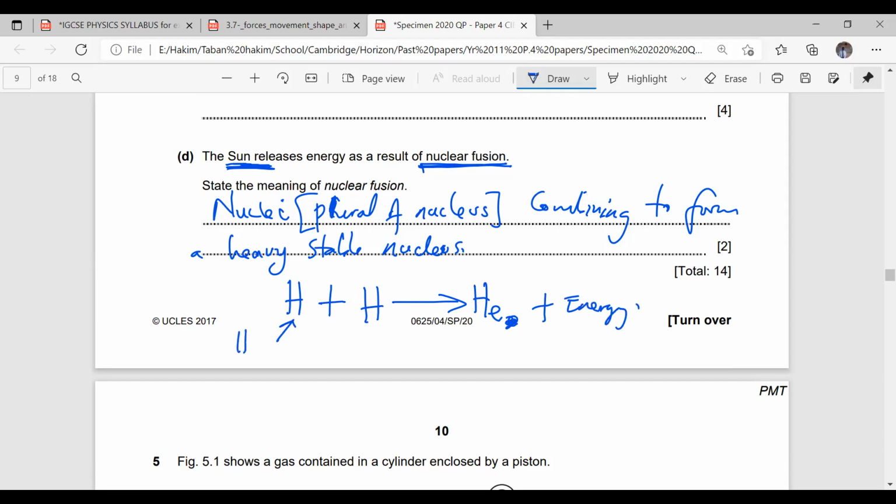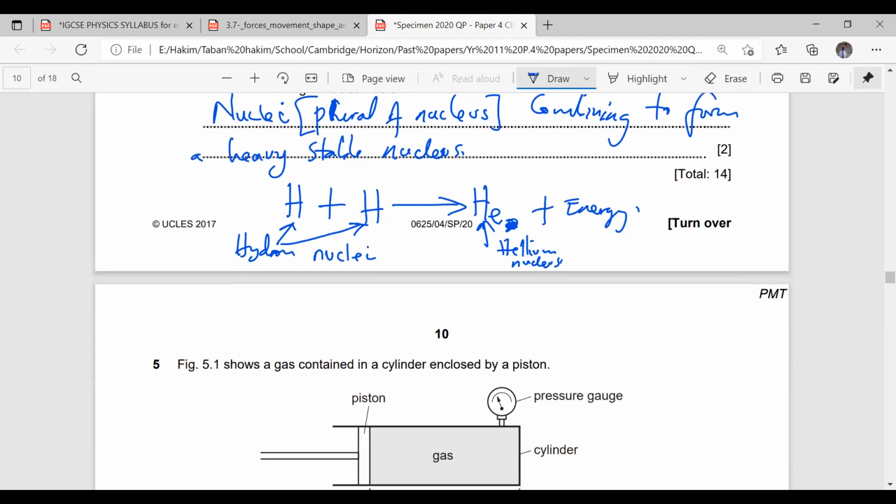This is a hydrogen nucleus, or let me just call them nuclei. I know at the moment it is not making sense to you, but we shall be meeting again and talk about this. Nuclei is the plural, and this is a helium nucleus. Whenever those two nuclei combine, they always produce vast amounts of energy, just like a nuclear power station.